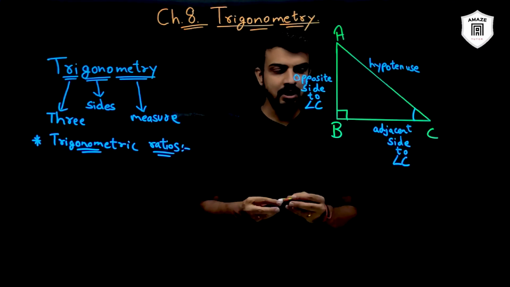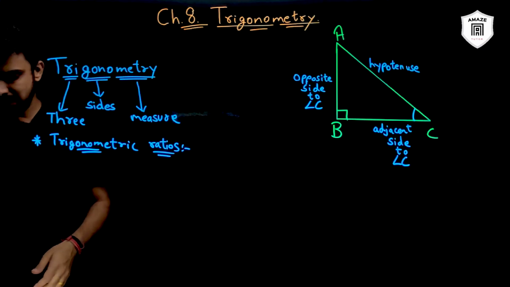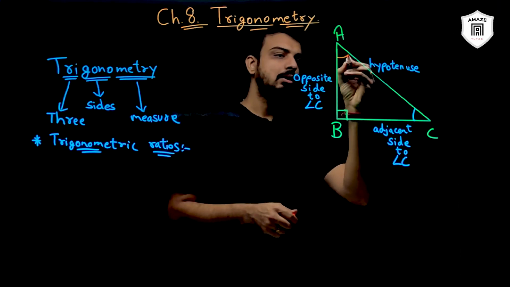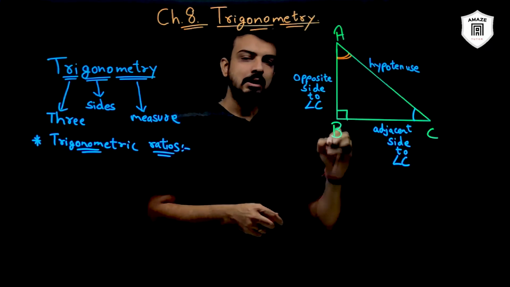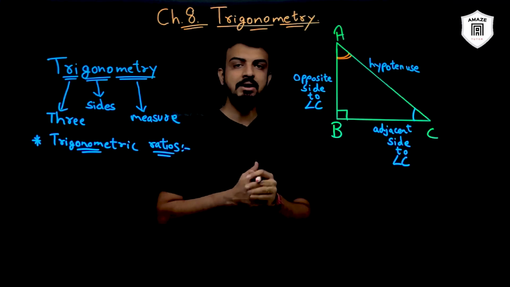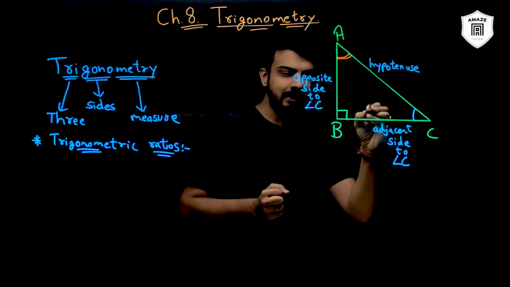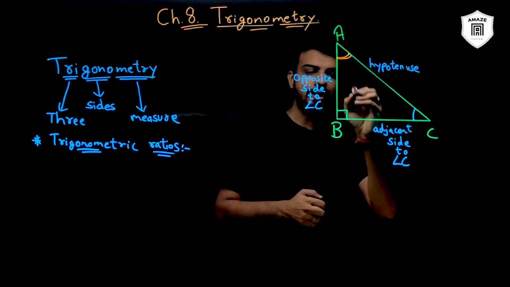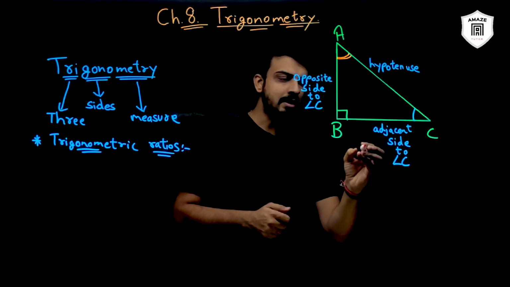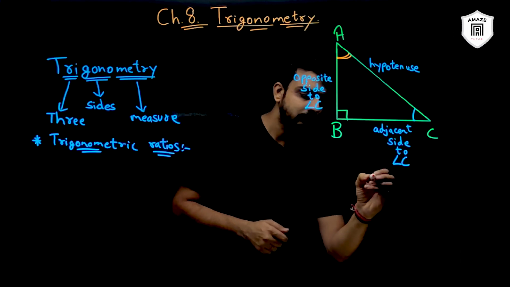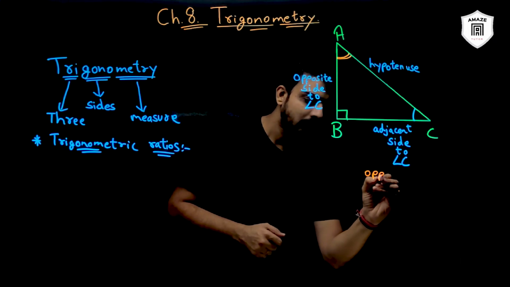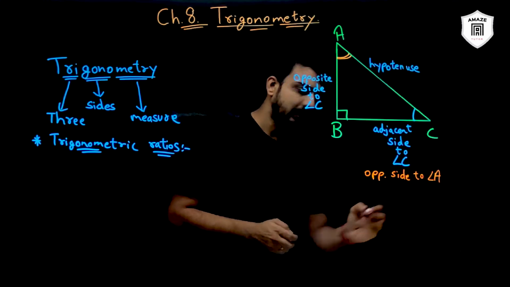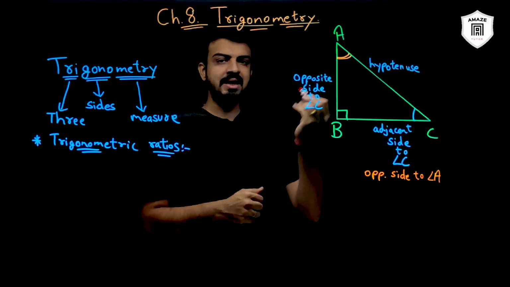Similarly, if I talk about angle A, can you answer which is the opposite side to angle A? The opposite side to angle A is BC, right? Exactly opposite to it, you need to see. So I can write BC as the opposite side to angle A. Then which is the adjacent side to angle A?